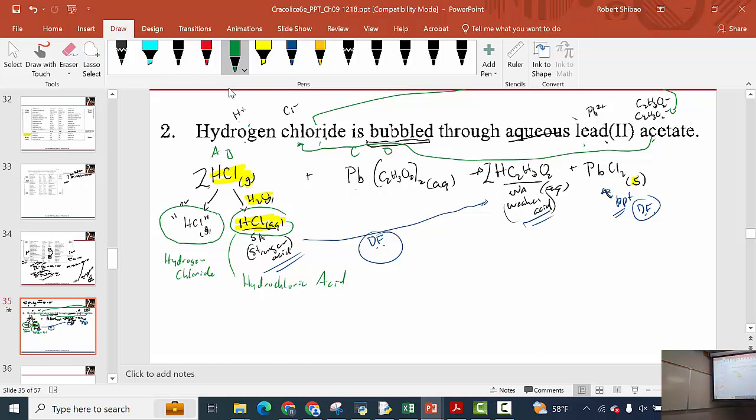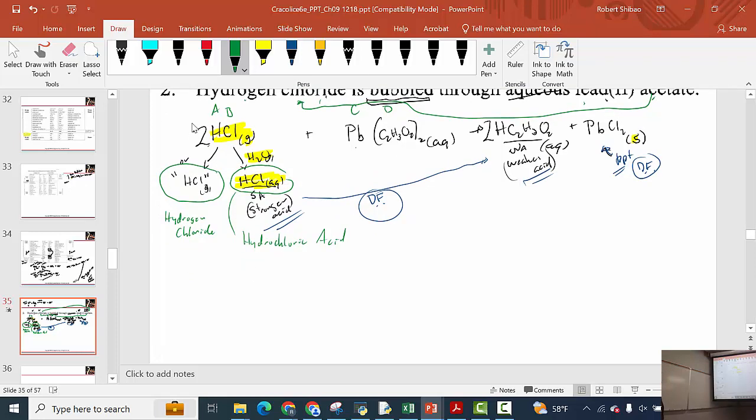And they're saying we are adding hydrogen chloride as the gas here. And so if we were to try to visualize this, what we have here is a solution of lead-2 acetate.